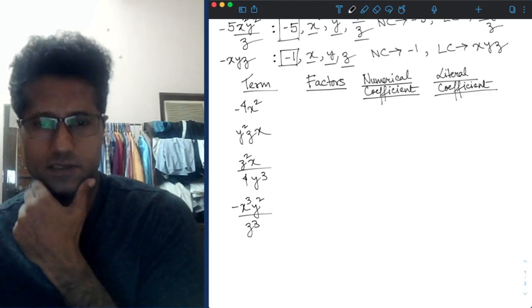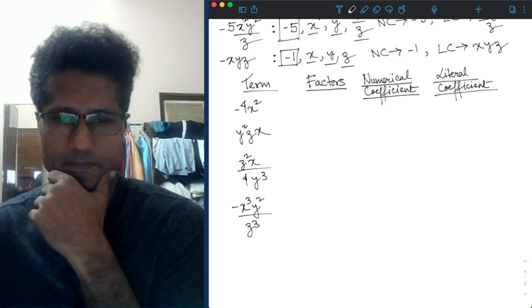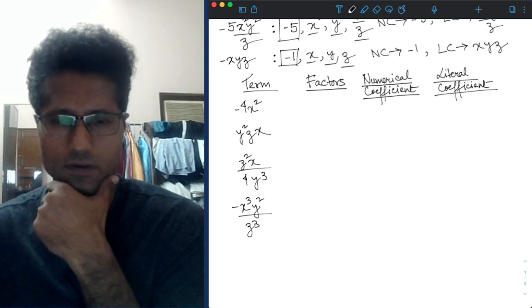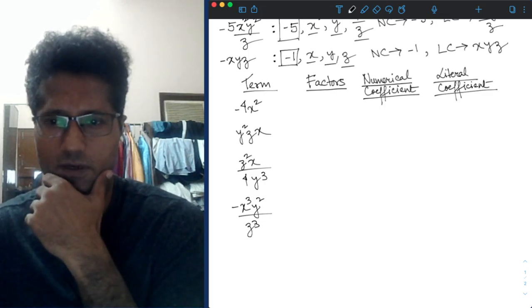For these terms, let's try to understand what their factors are, and what the numerical coefficient and the literal coefficient of each term are.